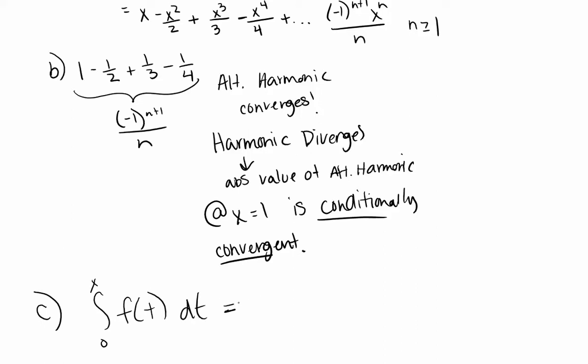And this is just going to be the integral of all of the terms: the integral of x minus x squared over 2 plus x to the third over 3 minus x to the fourth over 4.